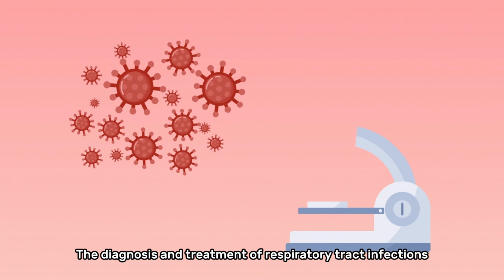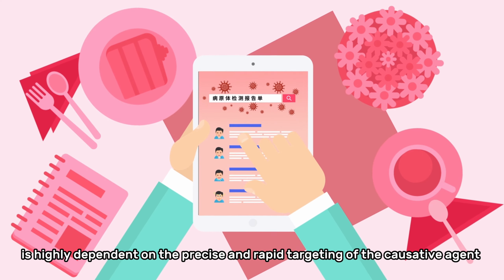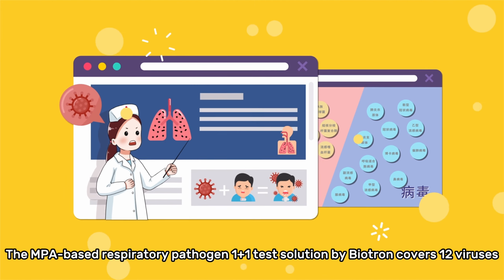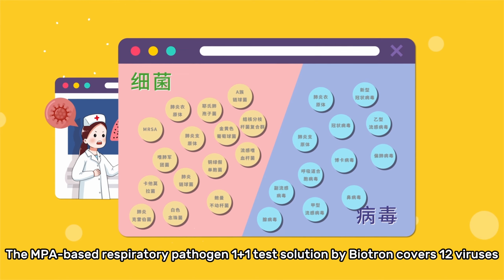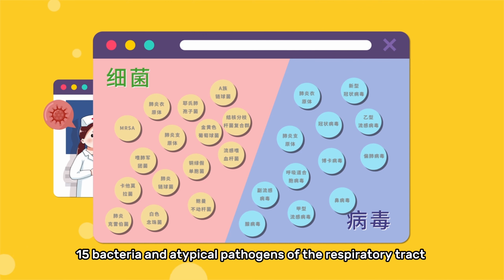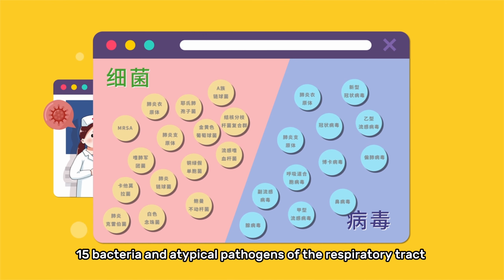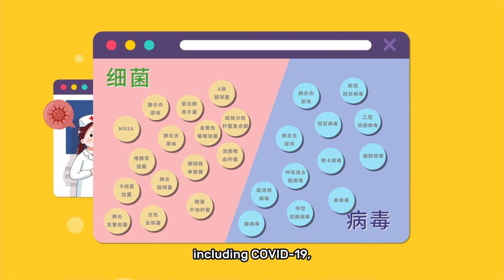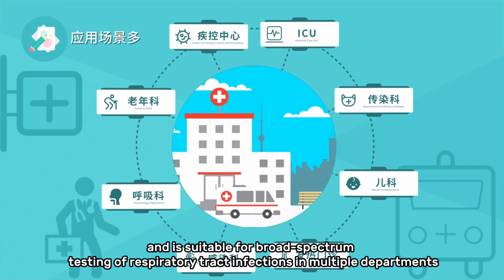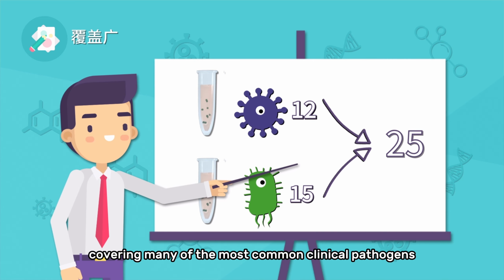The diagnosis and treatment of respiratory tract infection depends highly on rapid targeting of the causative agent. The MPA-based respiratory pathogen 1+1 test solution by Biotron covers 12 viruses, 15 bacteria, and atypical pathogens of the respiratory tract, including COVID-19, and is suitable for broad-spectrum testing of respiratory tract infections in multiple departments, covering many of the most common clinical pathogens.